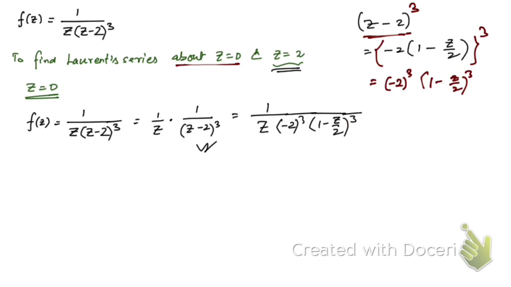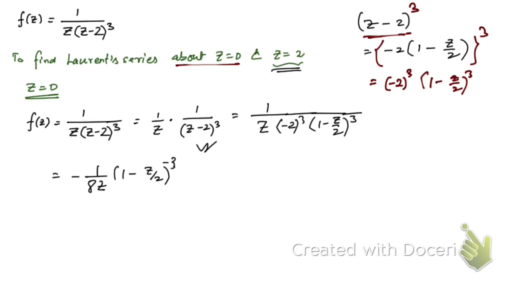Now it can be written this way: 1 by (z minus 2) whole cube, that's going to be minus 8, so minus 1 by 8z into (1 minus z by 2) whole to the power minus 3. We can write that way, right? Hope you have understood this.